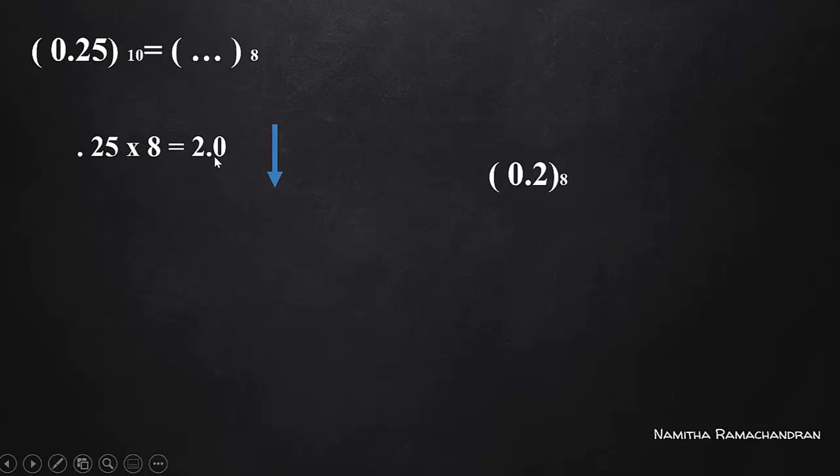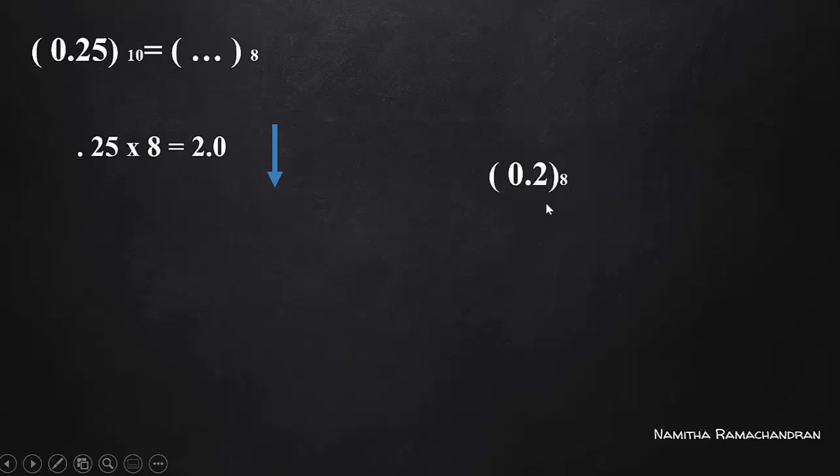So here fortunately the fractional part became full of zeros, so we can stop here and arrange this whole part in this direction, and 0.25 in decimal is equivalent to 0.2 in octal.